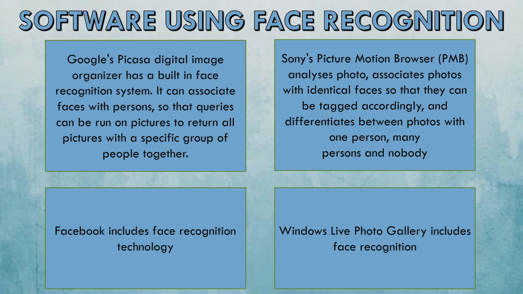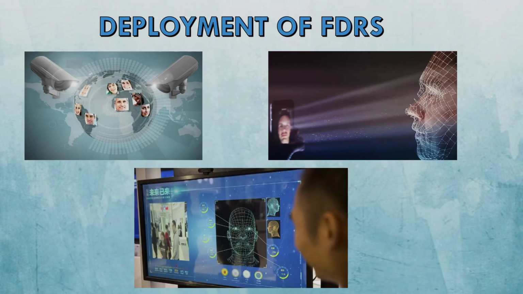Sony Picture Motion Browser, PMB, uses face recognition and face detection technologies and tags the faces with the names of the persons. Facebook also uses face recognition technology to detect people's faces, and Windows Live Photo Gallery uses the same technology for face recognition in videos and images which you have saved in your gallery.